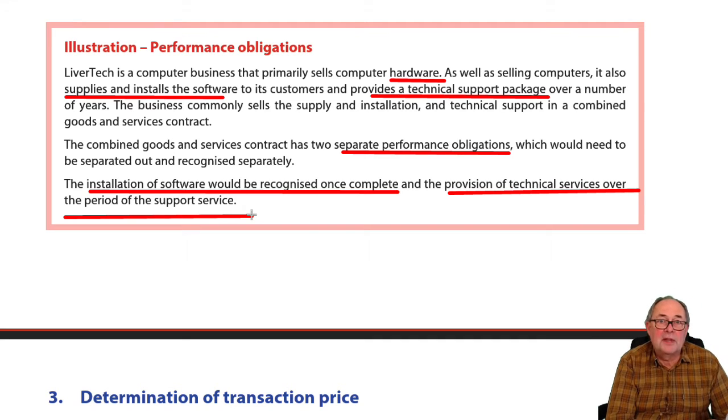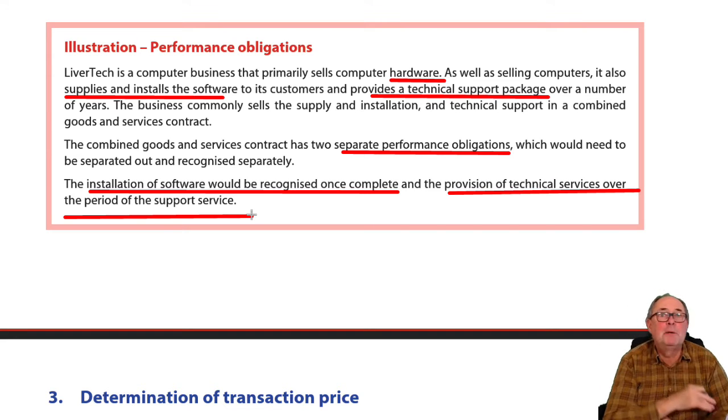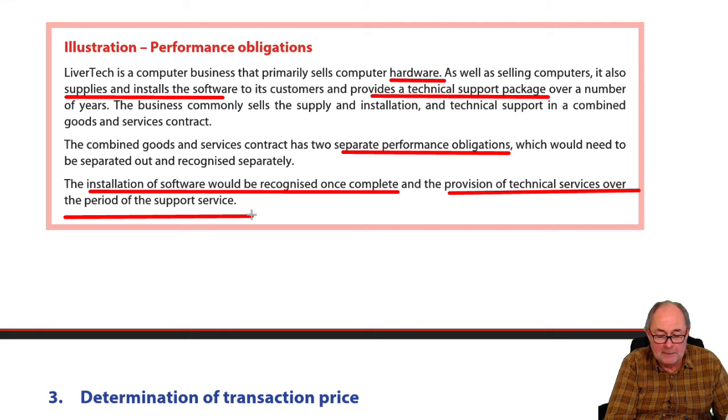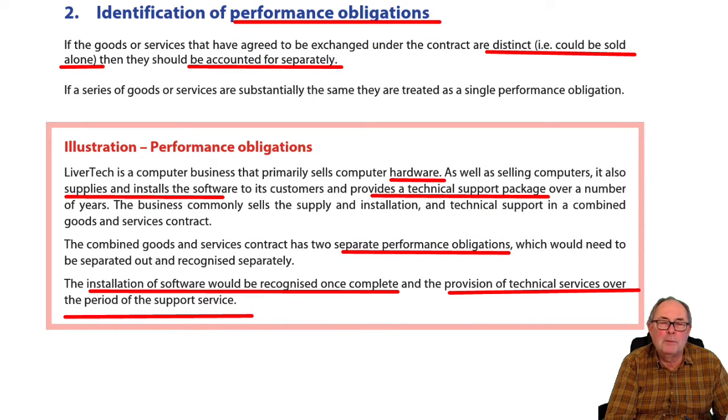A very common thing might be that you buy some equipment like a TV, and you also buy a guarantee for 3 years from the company that's selling it. They're separate performance obligations if they're separately sold, and so the income from each of them should be recognised separately. So stage 2 is decide what the obligations are.